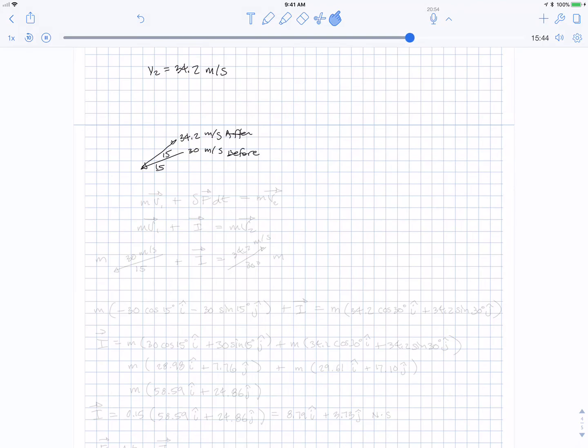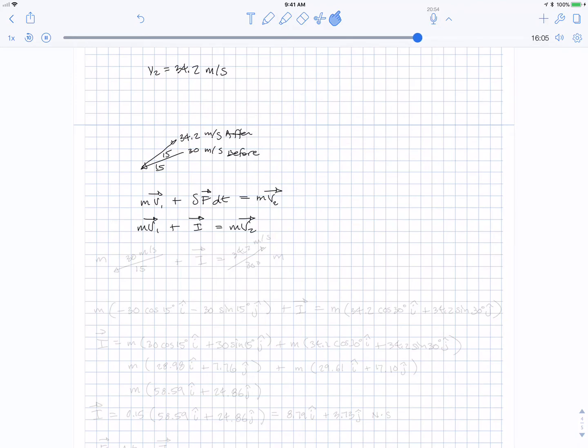So let's write out the equation. So it's mv1 plus integral f dt equals mv2. And for now, I'm just going to call integral f dt just the impulse.